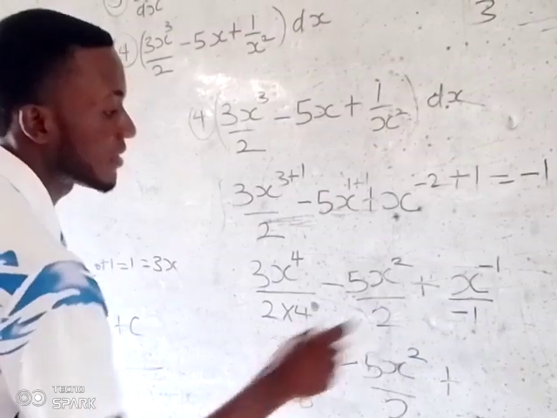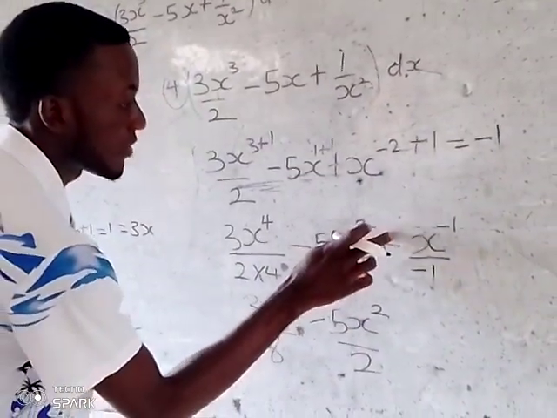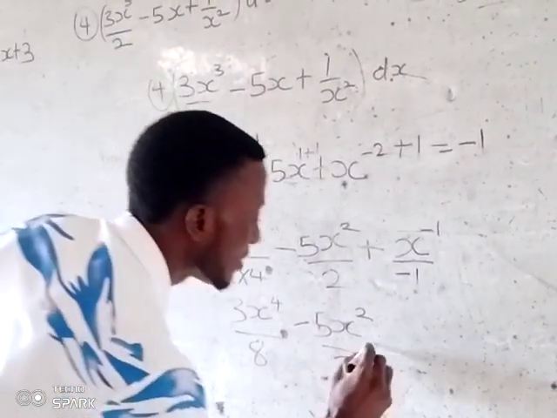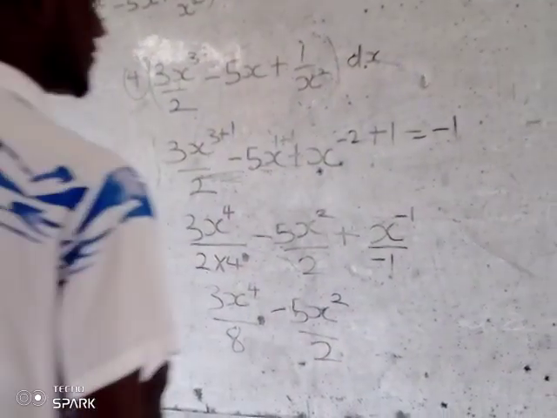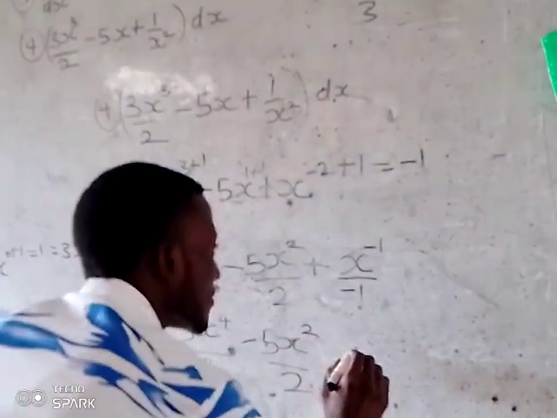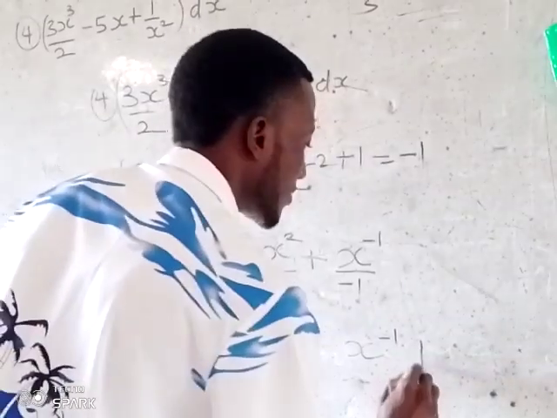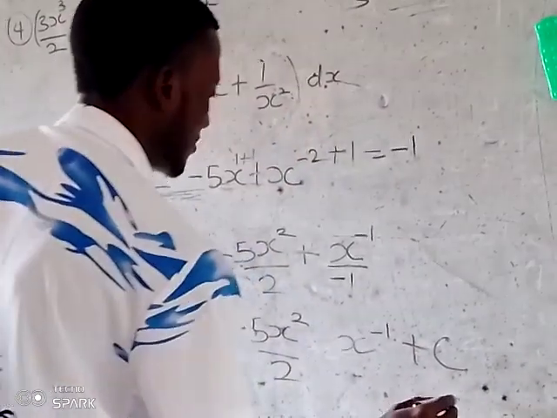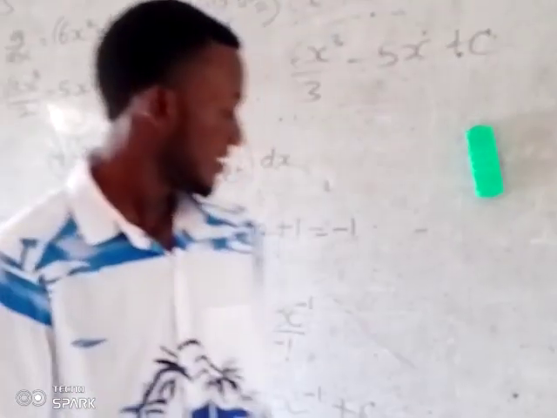This minus is what we are going to take note of. So this is not going to be plus anymore, because positive dividing negative is going to give you negative. So it's going to be negative s to the power of minus 1. Now you can add the constant of integration. So this is our final answer.